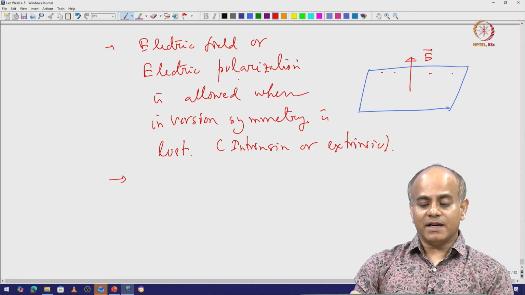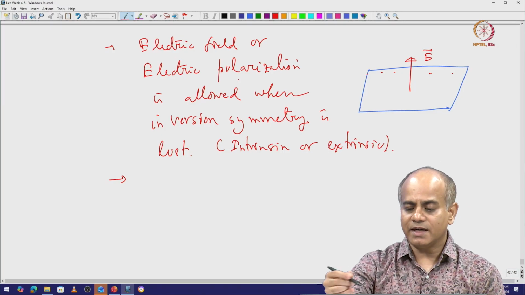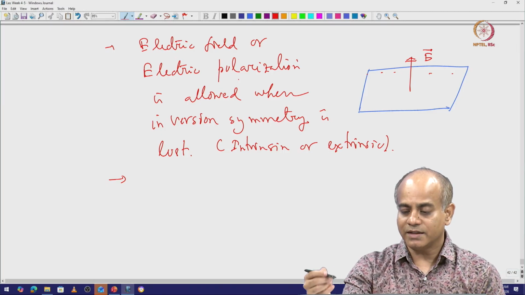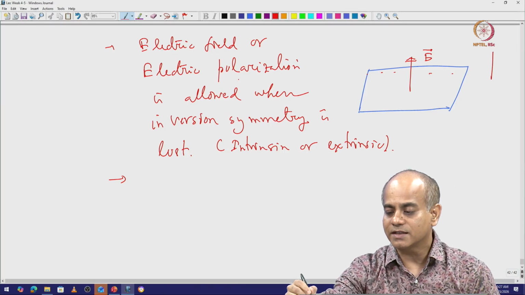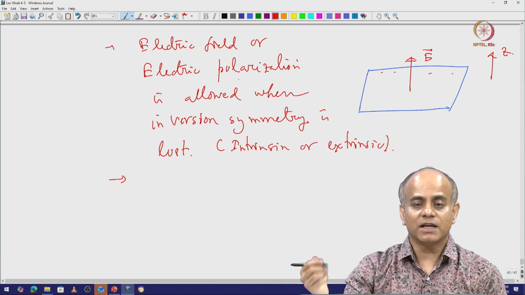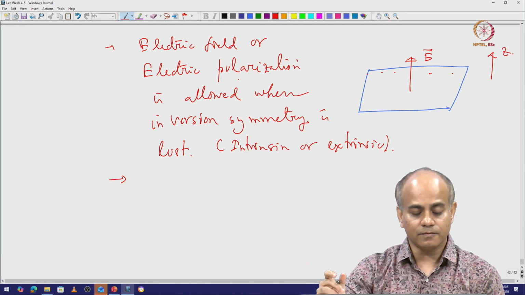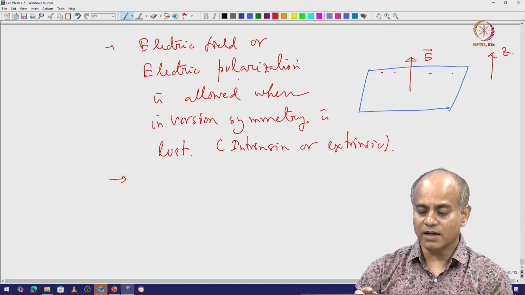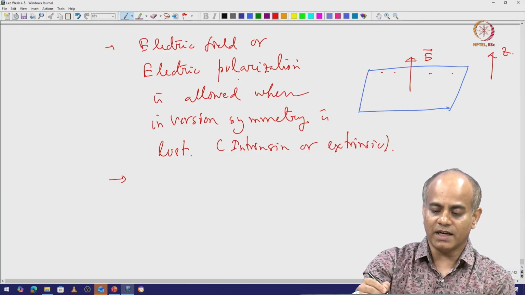So now if I have an electric field, and without losing generality I have assumed the inversion symmetry is broken along the z direction, so I have assumed the electric field will be along the z direction. But let me start with a little more general electric field.